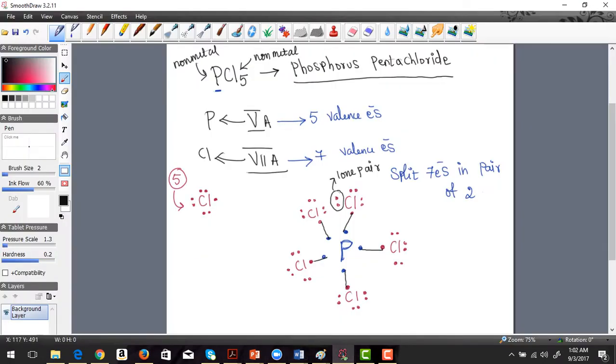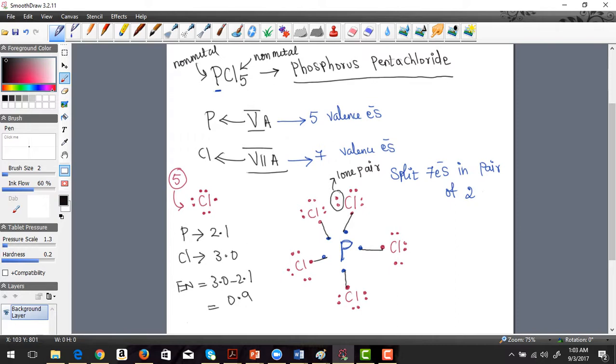Phosphorus is 2.1 and chlorine is 3.0, right? So the electronegativity difference is 3.0 minus 2.1, right? It is 0.9, so it is technically polar covalent.